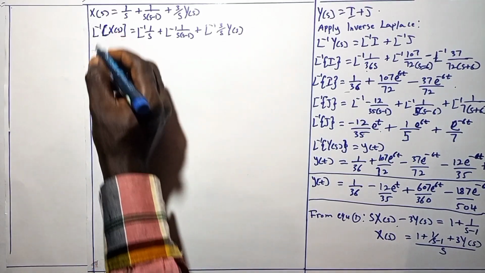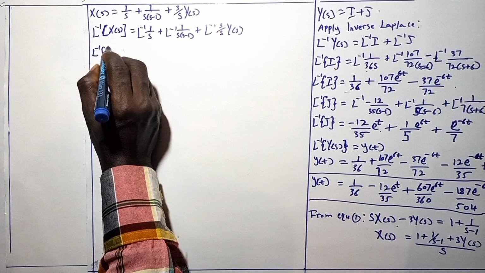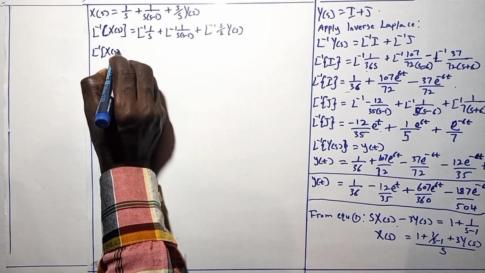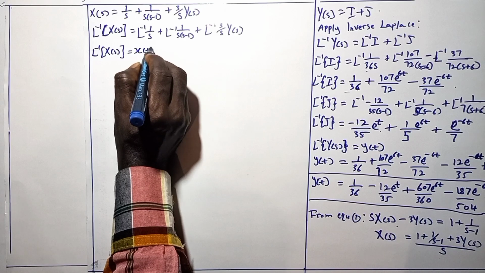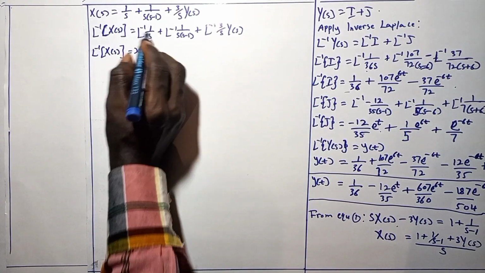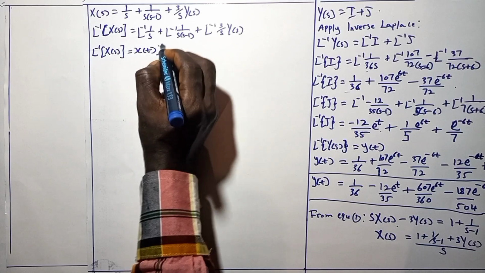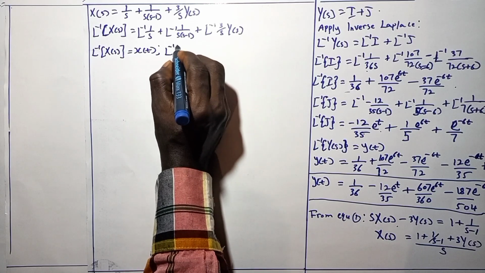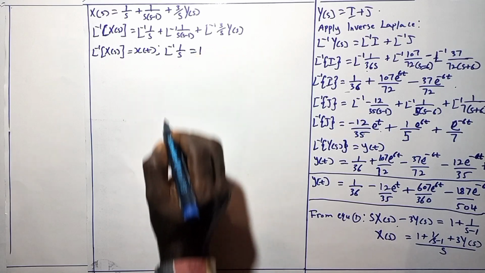So now we know that inverse Laplace of x of s is x of t. Then for this now, inverse Laplace of 1 over s, we know it is 1.